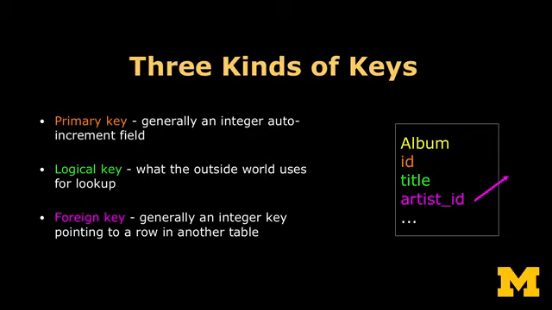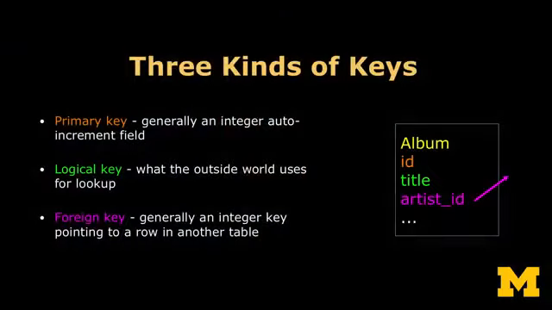And so that is your email address, or the title of the track, or the title of the album, or the email address of the logged in user. If the outside world has to go find a particular person or track, they use the logical key. Or if it was in a user interface with a search button, the thing you type into the search, that's the logical key. That's the thing that the world uses to find a row.